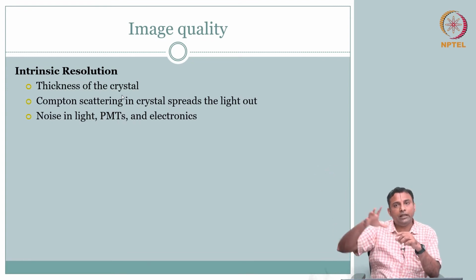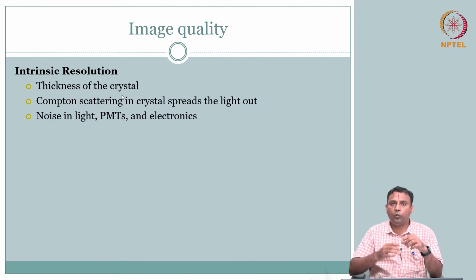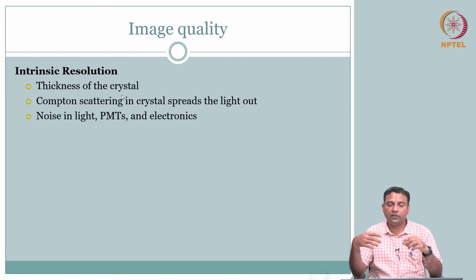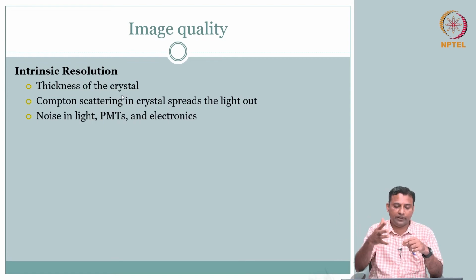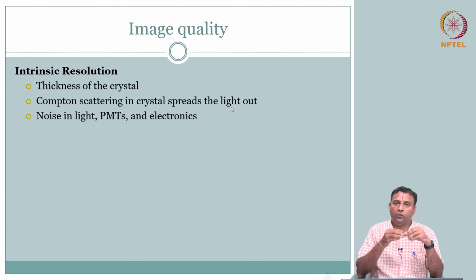Therefore, you will still have Compton scattering effect on the output of the photomultiplier tube, which is what is going into your imaging equation, image localization. So that could be a problem. Thickness of the crystal has a similar effect, but the Compton scattering spreads the light out. So, you have Compton scattering from the crystal point of view.